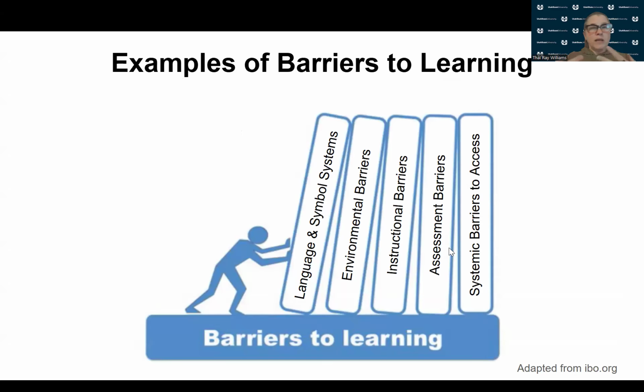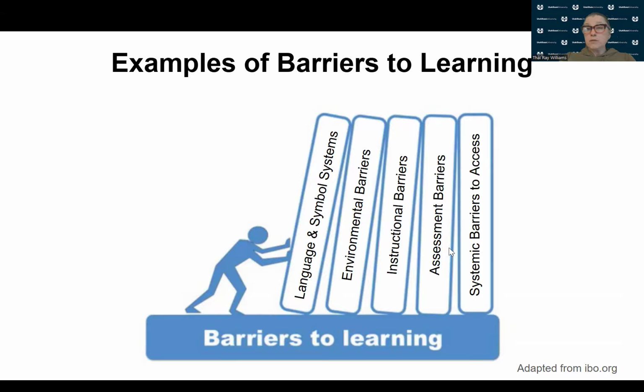But when we are planning with intention, we also have to be aware that there are barriers to learning for our students. And we're going to be speaking directly to students with complex support needs. Some of those barriers are language and symbol systems. So if you think about students who use AAC to communicate, or students who are currently not using AAC but don't have or aren't using vocal language.